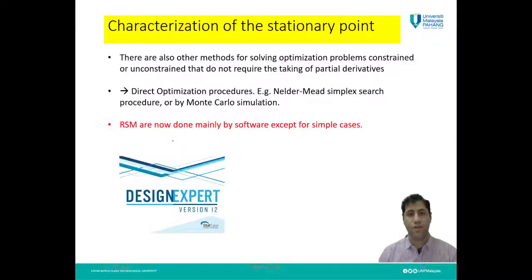And according to what I showed here, you have learned that this optimization process, when we have more than one factor, is not that easy to do manually. So usually we use different software to find the optimum point for experiments, especially when the number of factors is more than one.